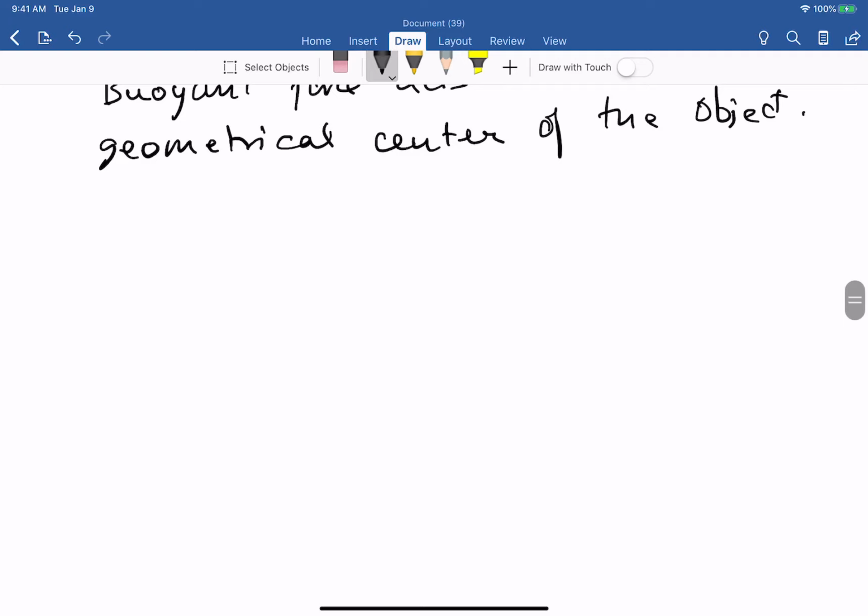Suppose you have, consider a ship, and let's say the ship is coming out of the page, and so we are looking at a cross section of the ship, right? Okay, suppose the center of mass of the ship is over here, and the geometrical center of the ship is over here.